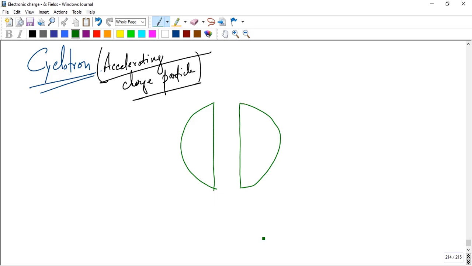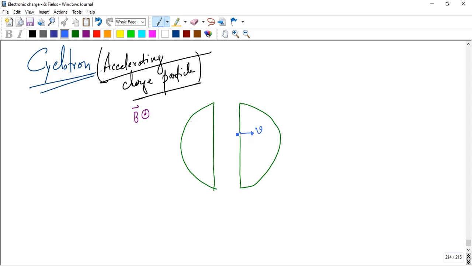Okay, there are two conducting discs, and here is a magnetic field B out of the board, towards me. Now release a proton from here with the velocity v.